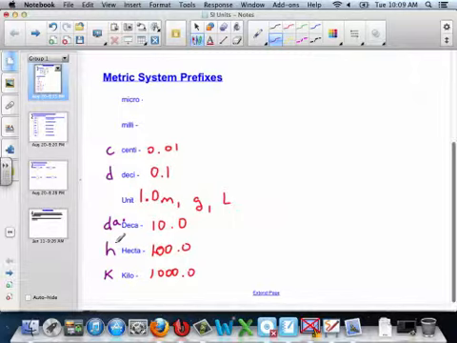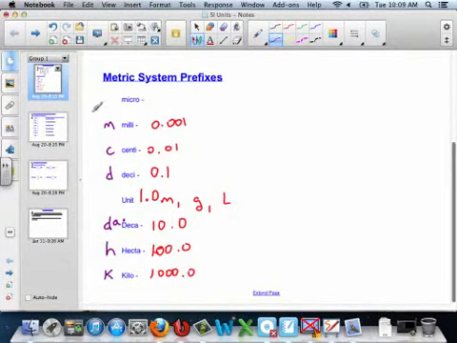Milli, like millennium, or mil. So again, that's represented by the lowercase m, and that's 0.001. And then we can get even smaller than the milli. We can go to micrometers, nanometers, and picometers. Those are just some options. I just threw in a micro to keep you guys entertained.